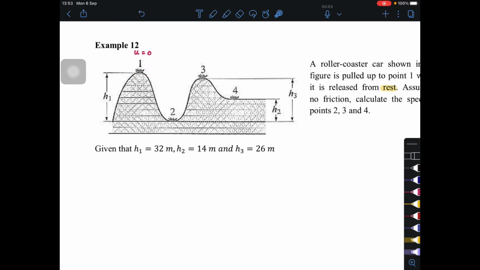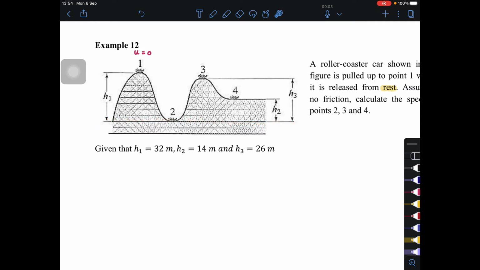Okay, so the next step is to choose the location where we can define h equal to 0. Remember we need to always define that position. We either want it here or here or here. The easiest way is, okay, we define it here.